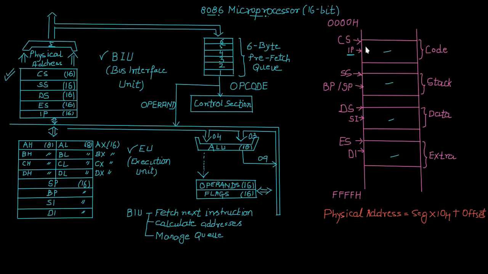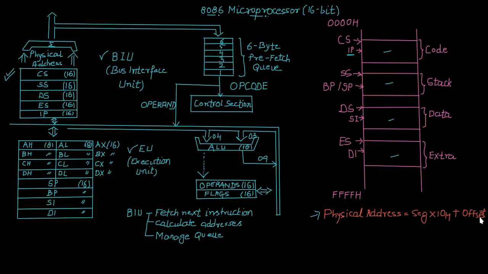But the microprocessor, if it wants to access a particular instruction, it will calculate a physical address. So you can see here I have written a formula which calculates the physical address. So physical address is the actual address where the instruction is stored in the memory. So it is calculated by segment address times 10h plus the offset address.